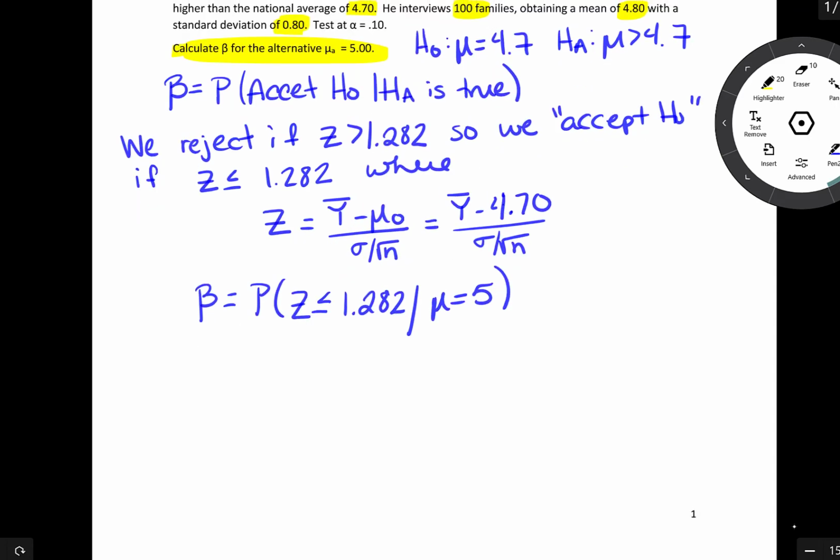Now what we're going to do is kind of work backwards. We know what z is equal to, and we know that z is a function of y bar. So we're going to work backwards and see if we can figure out how to actually calculate what beta is equal to.